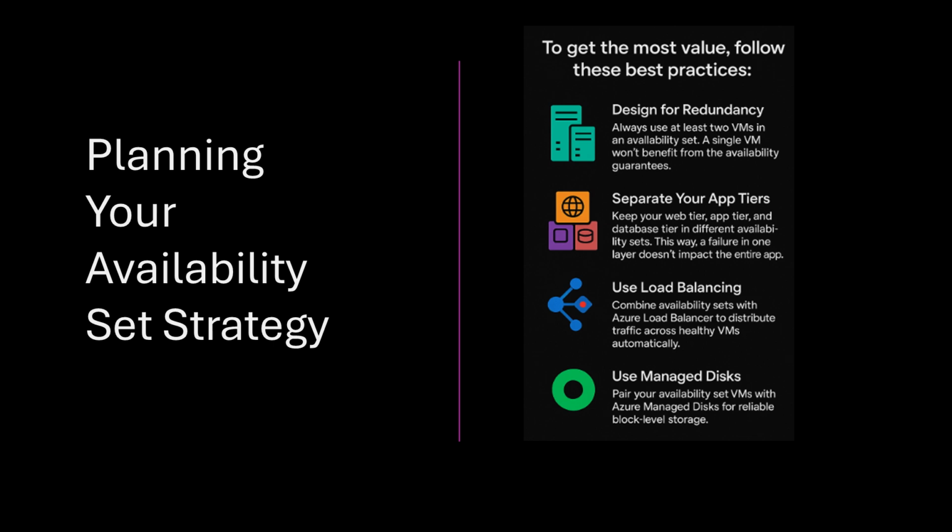Now imagine one rack fails. Because your tiers are isolated and spread out, only one VM in each tier is affected. The remaining VMs stay up, and your Azure Load Balancer reroutes traffic to healthy instances. Your app keeps running with minimal impact, exactly how high availability should work.